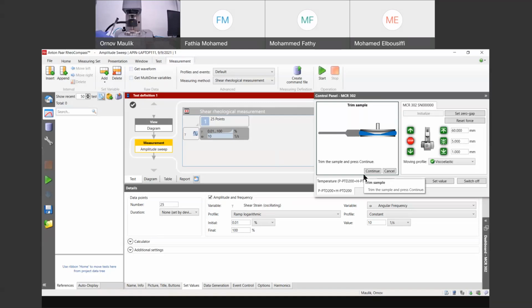So I'll trim it, and then close the hood and then continue.